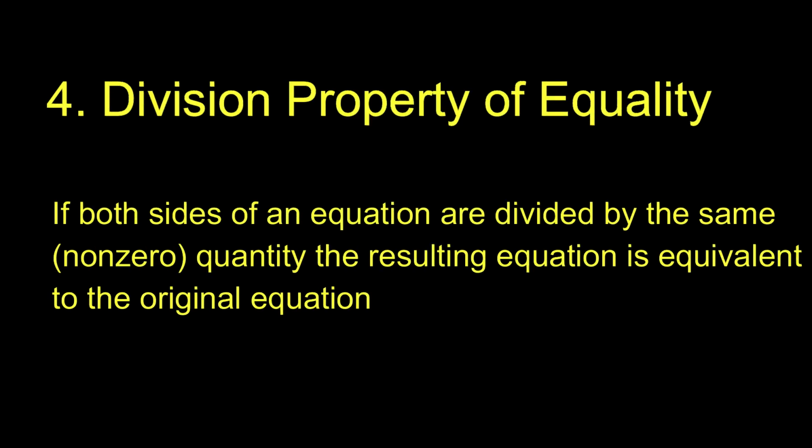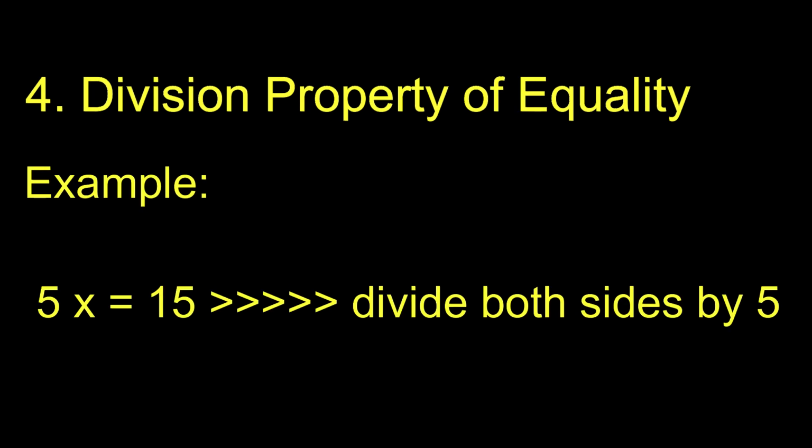So for number 4 rule, that is division property of equality. If both sides of an equation are divided by the same non-zero quantity, the resulting equation is equivalent to the original equation. So for example, 5x is equals to 15, where you're going to divide both sides by 5.